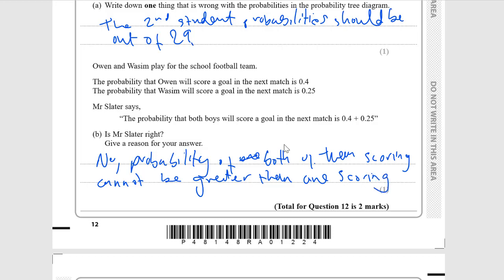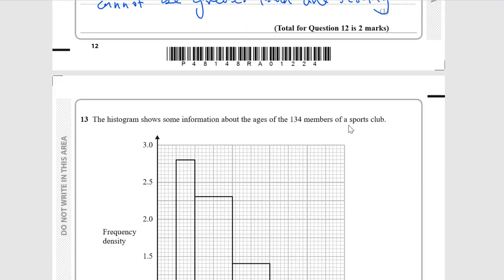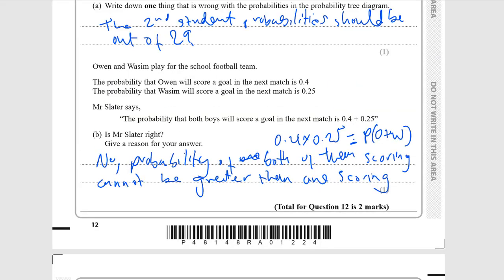So in essence, it's going to be 0.4 times 0.25, and that will give the probability that both the boys will score. So both, I'm just going to put O plus W score, which is in essence 0.3.